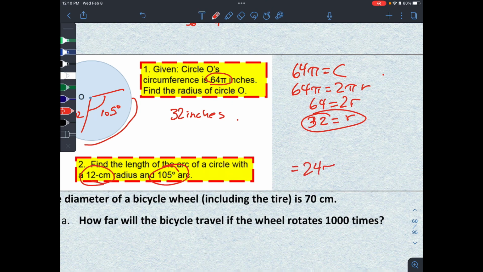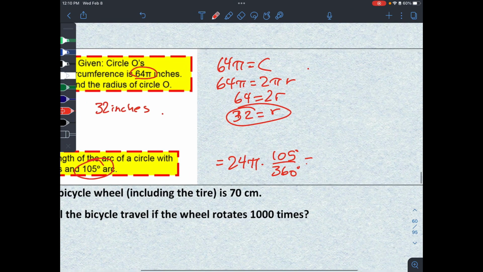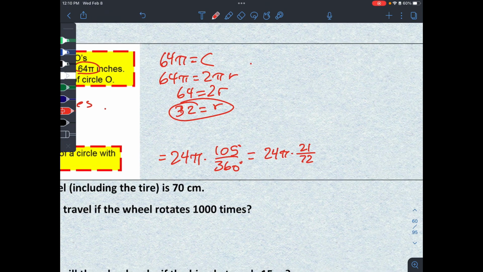24 pi is the distance around that circle, times 105 over 360. So I'm going to reduce 105 over 360. I divide them both by 5: 21 over 72. I think they're both going to divide by 3 again.